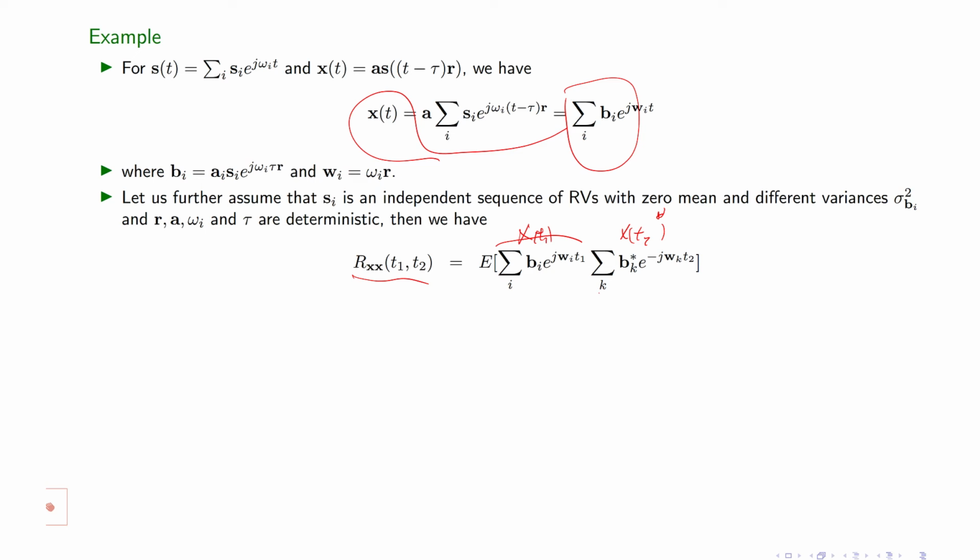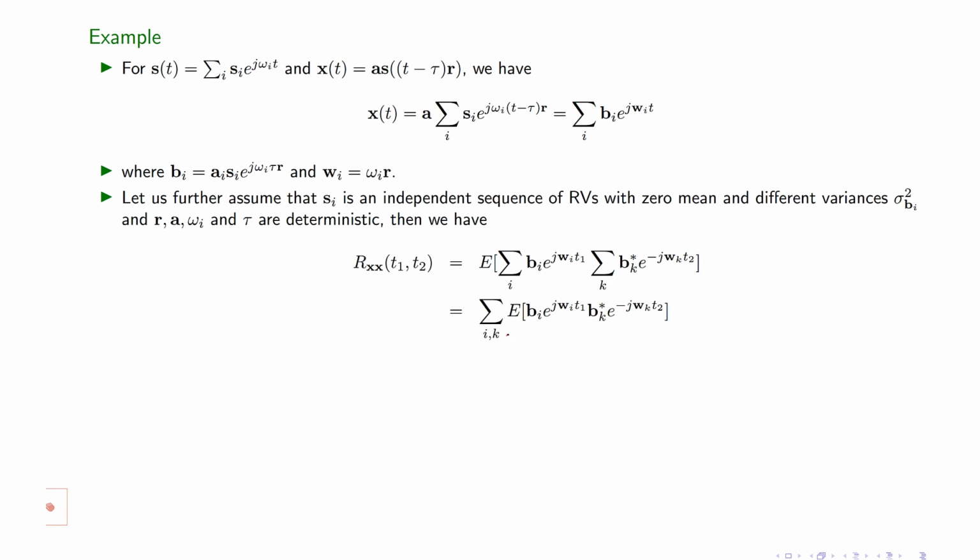Now, here I used a different dummy variable because I want to merge these two summations and write it as a double sum. Nothing is random in the boundaries of this summation, so I could change the order of the expectation and this double sum, put it outside, so I get this expression. So these two guys are constant. They are multiplied together, and then they come out of the expectation.